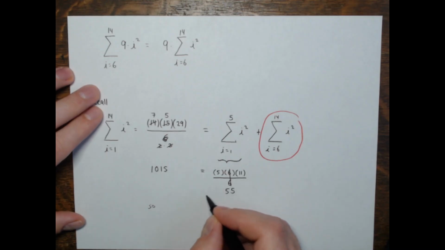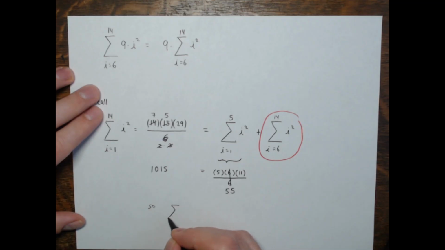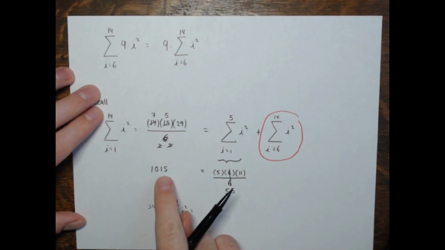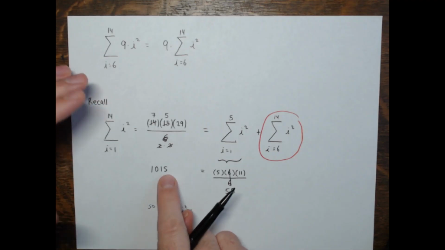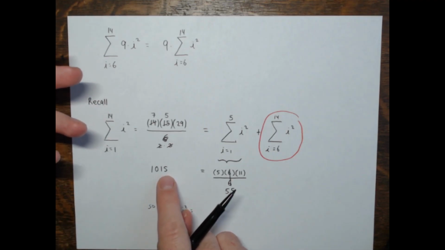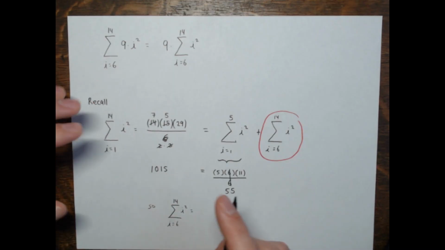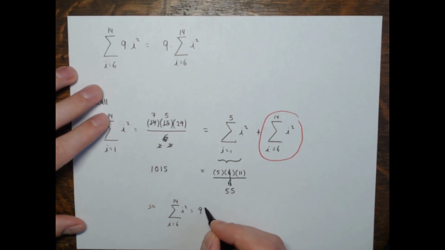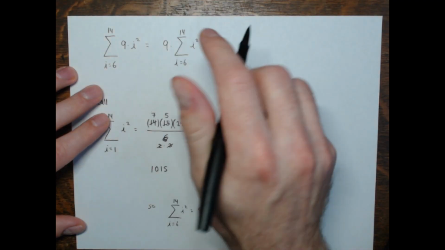So after doing that, subtract 55, this sum from 6 squared to 14 squared, subtract 55, then minus 15 for 1,000, and then minus another 40 for 960. Okay, so this is going in this expression, right?